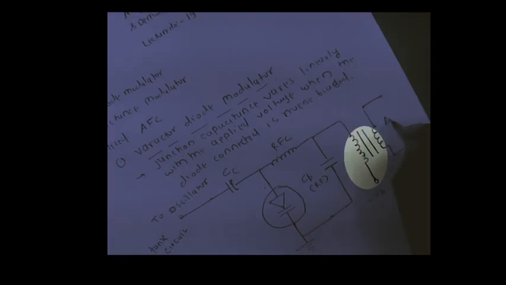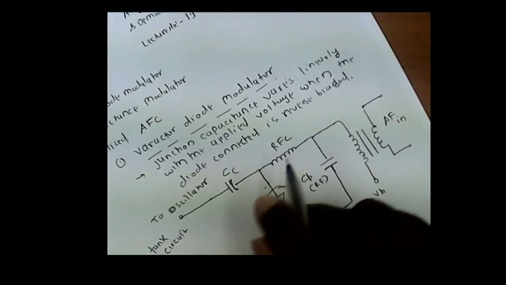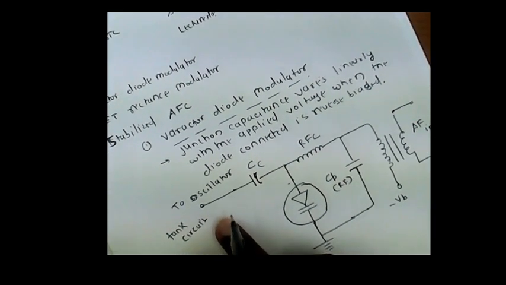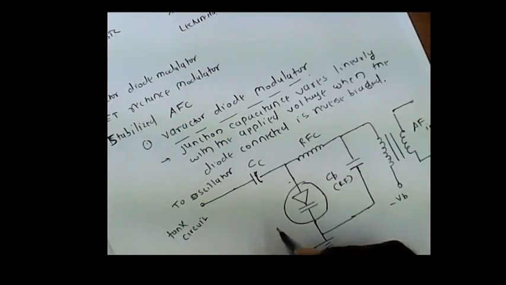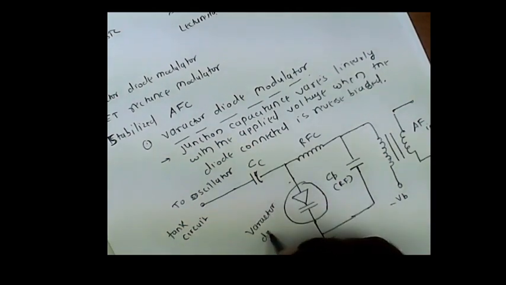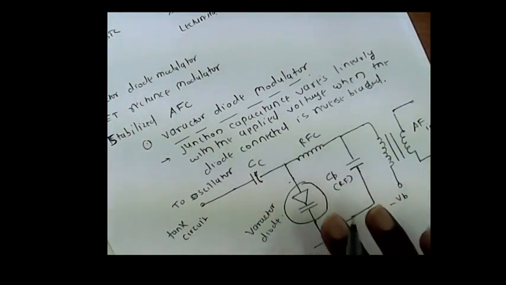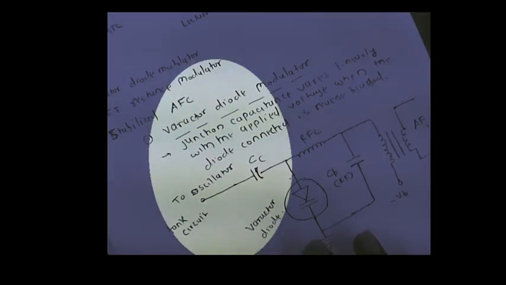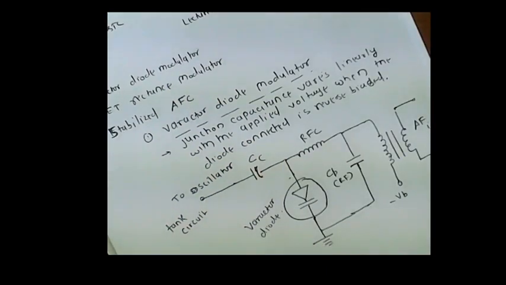Here the audio frequency input is given, and the output goes to the oscillator tank circuit, which generates the FM modulation. The varactor diode is connected in the circuit in reverse bias. It is frequently employed together with the reactance modulator to provide automatic frequency correction in an FM transmitter.